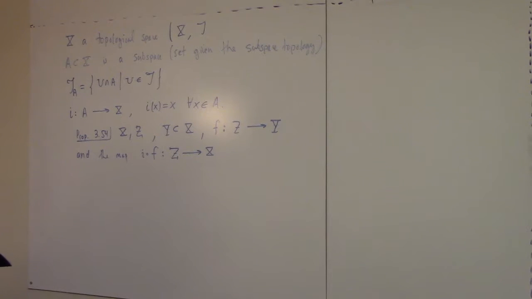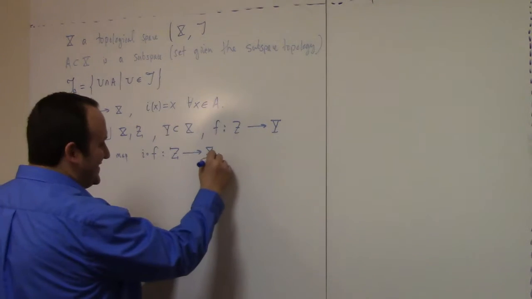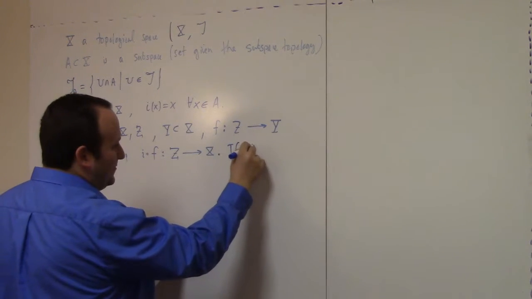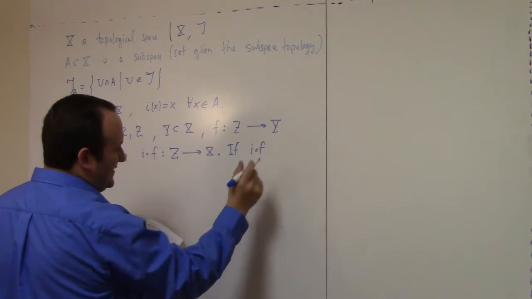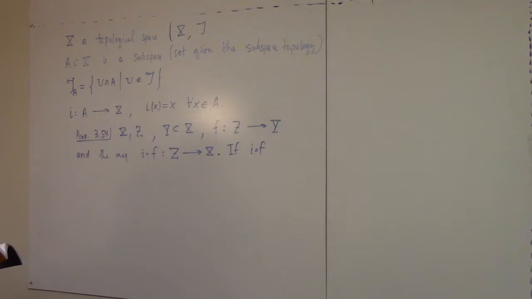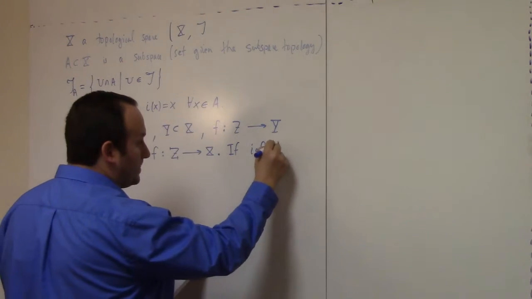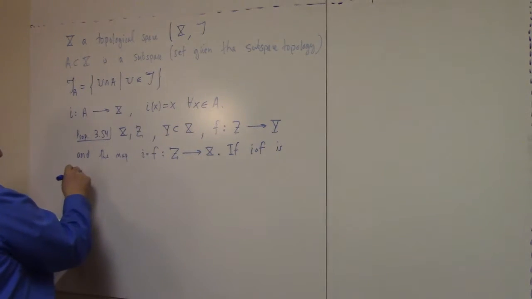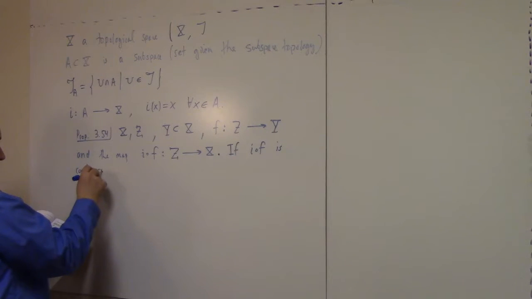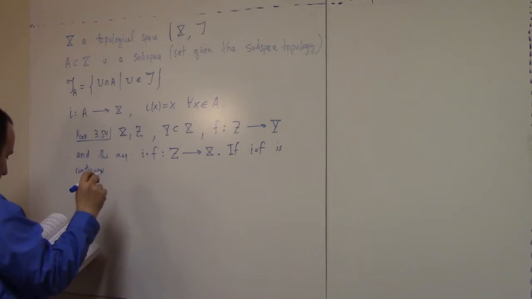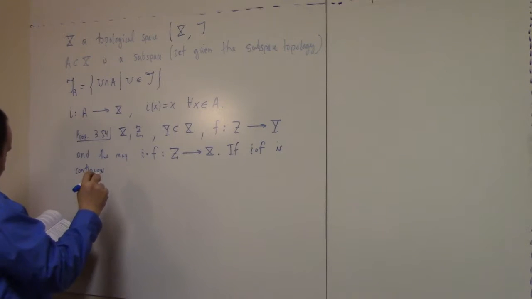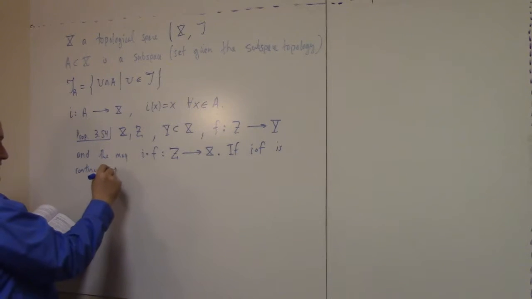And then he says if, no, wait a minute. Next sentence, if I composed with F, it looks like if to me. If I composed with F is continuous, then what? Then also F is, and conversely.